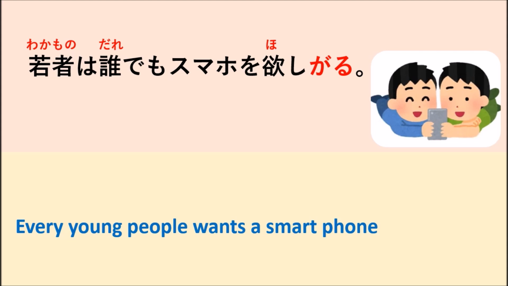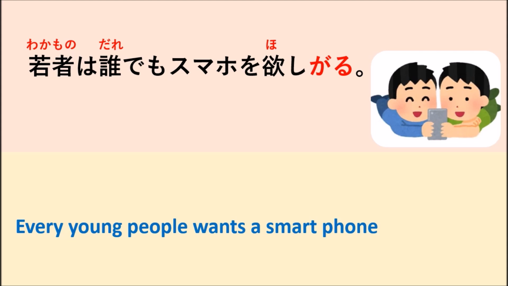And for the grammar that we see here, what you have to remember is that we use an adjective like hoshii, right? Hoshigaru. The adjective ends in i.